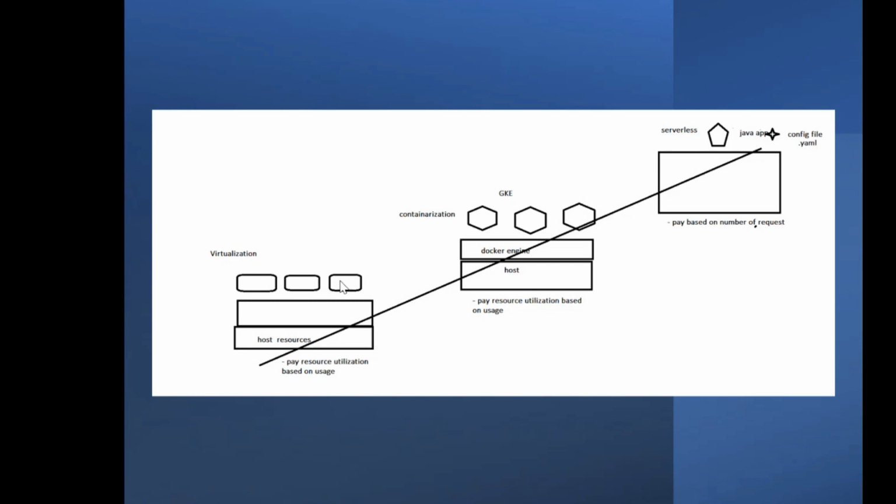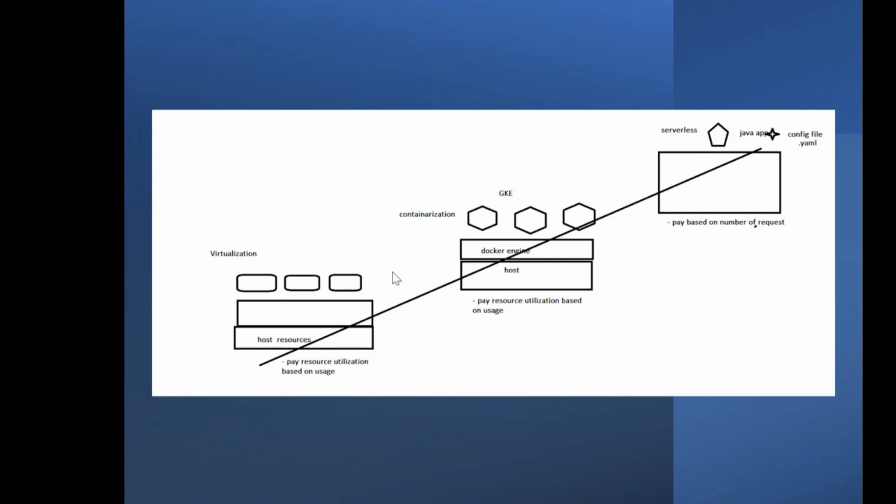VMs are actually sharing the host operating system resources. And when there is a huge number of requests coming from the client, then you can increase the number of instances. That is called horizontal scaling. That is supported in case of virtualization.